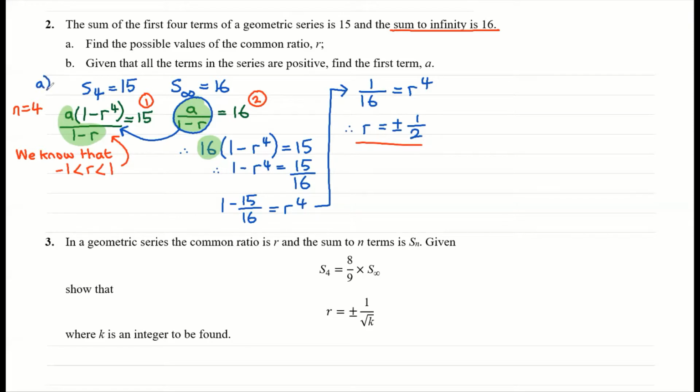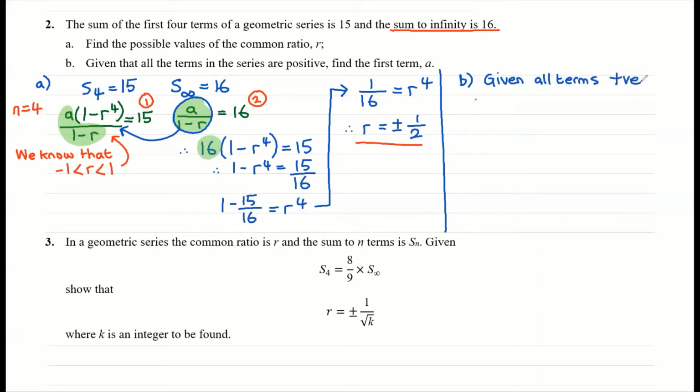And for part B, it says, given that all the terms in the series are positive, so I'll just partition this off, find the first term a. Okay, so for part B, given all terms are positive.